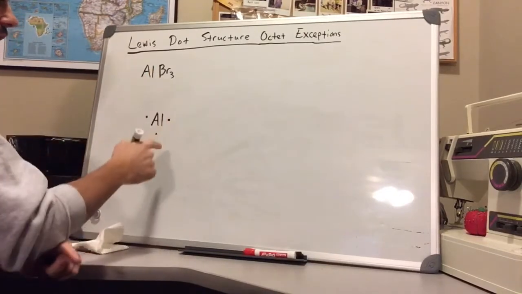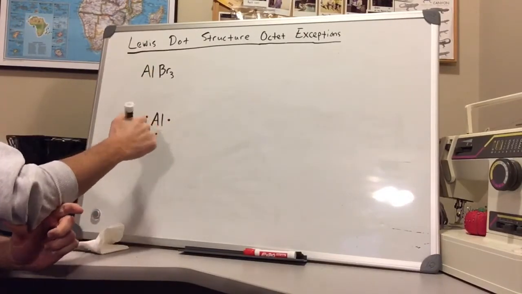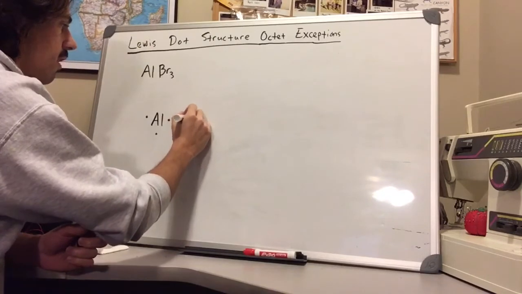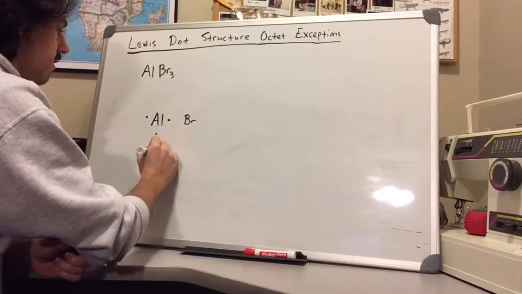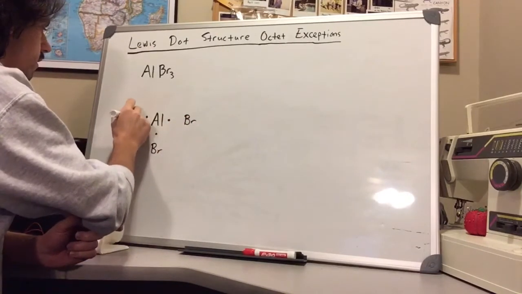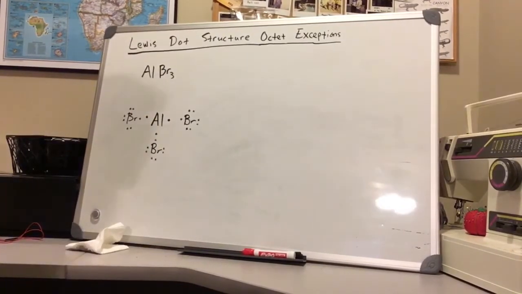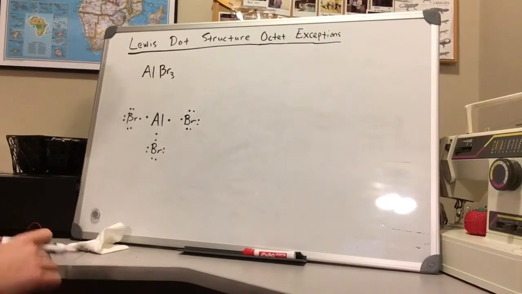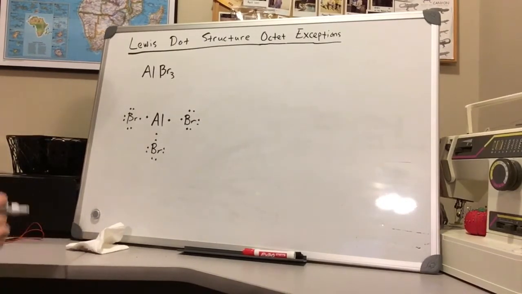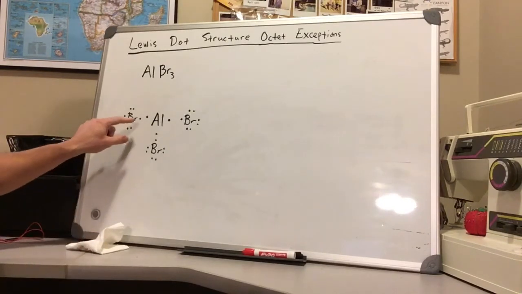I have 3 bromines, and I have 3 valence electrons for aluminum, so I'm just going to go ahead and put a bromine by each of these valence electrons. And then I'm going to add bromine's valence electrons as well. So each bromine has 7 valence electrons because it is in group 7A. So this is pretty simple.